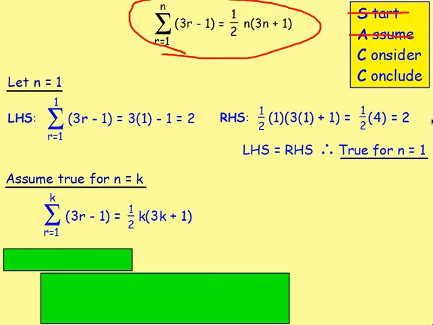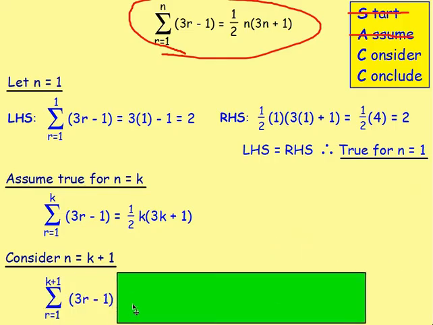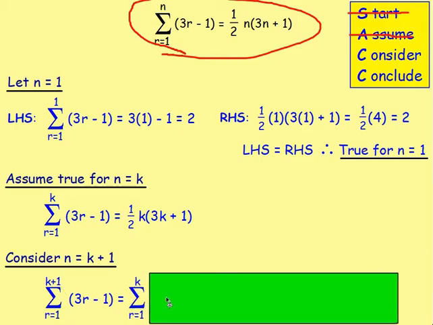After that, you want to consider n equals k plus 1. So considering n equals k plus 1, you've still got the sum of 3r take away 1, but this time you're going from r equals 1 all the way up to k plus 1. Very similar to the last examples, the sum of 3r take away 1 going all the way up to k plus 1 is really just the sum of it going up to k.